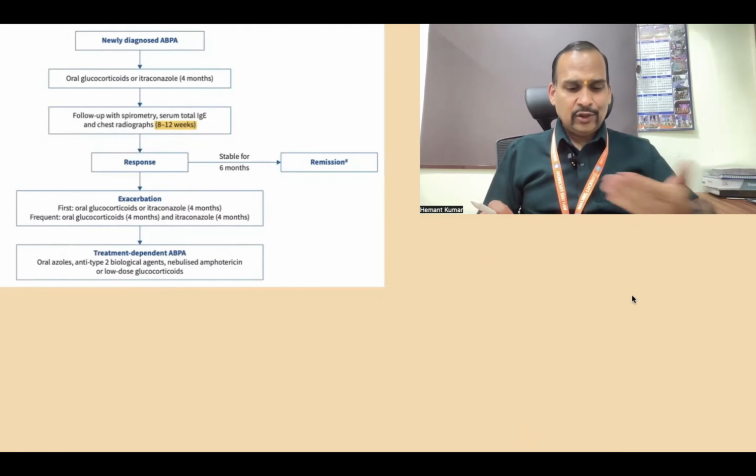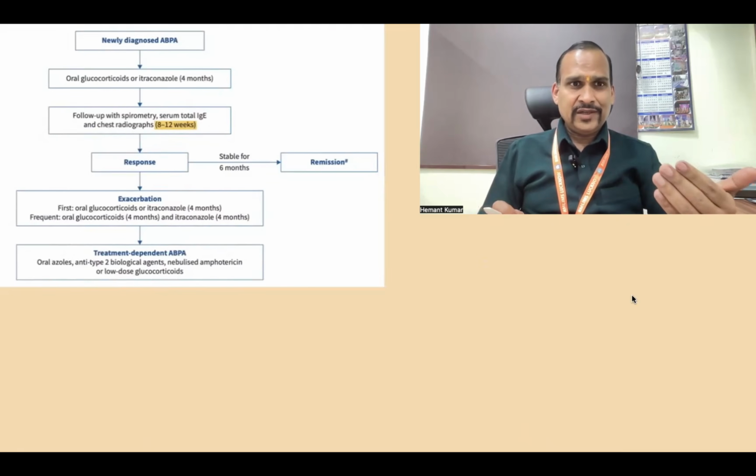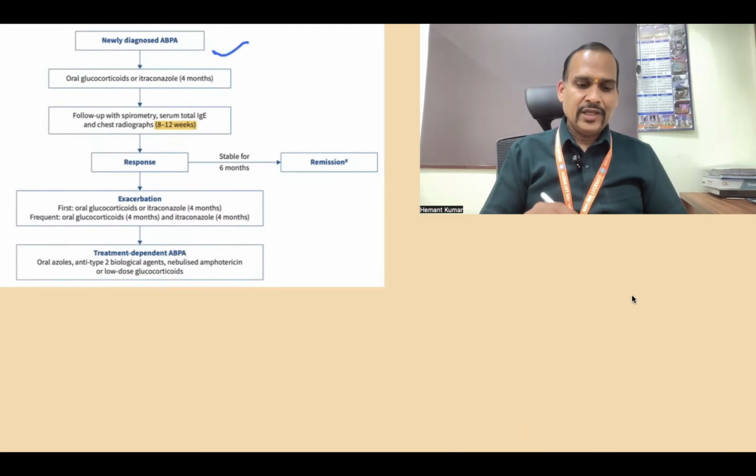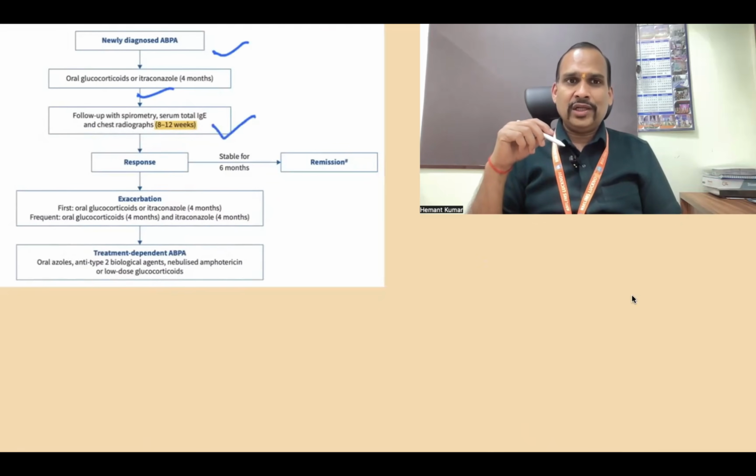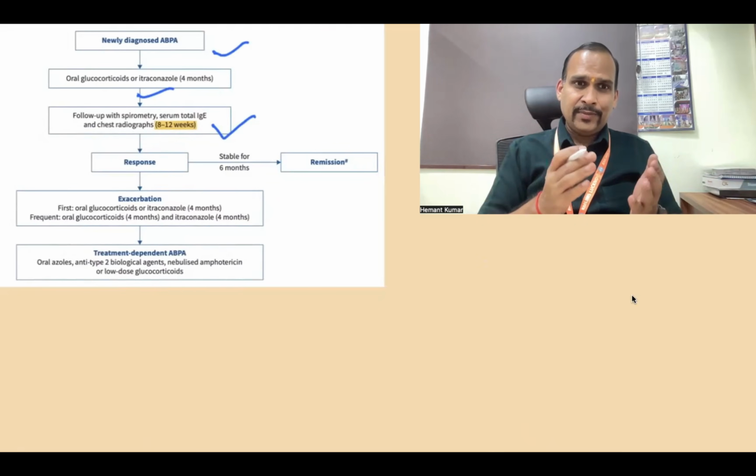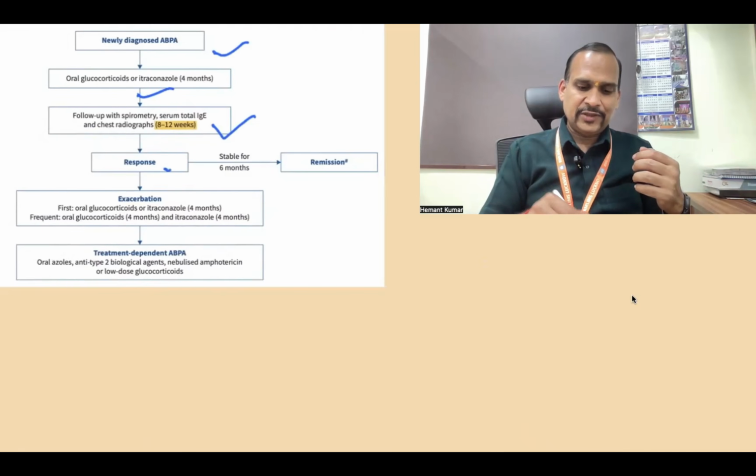So this is the algorithm. When a patient has newly diagnosed ABPA, you start with glucocorticoid. If you're not able to give glucocorticoid, you can start itraconazole. After 4 months, you have to follow with total IgE. If there is a reduction by more than 20%, it is a response.